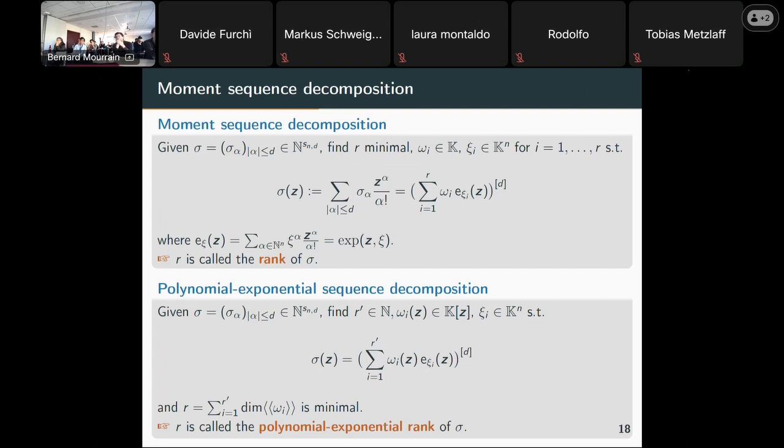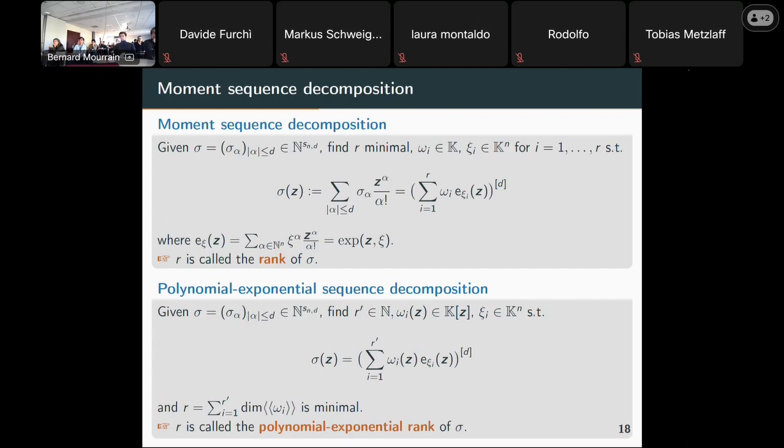I'm sorry, once again, I'm struggling a bit. Sigma is this moment sequence. We represent it as a series. And then omega_i, before, was a constant. Yes, this is a constant.